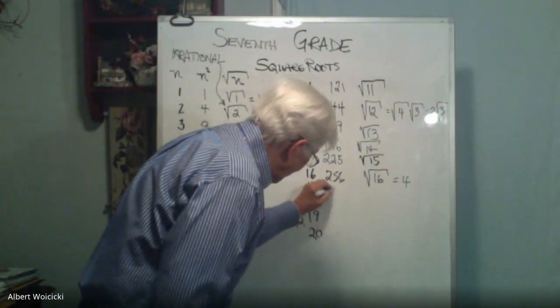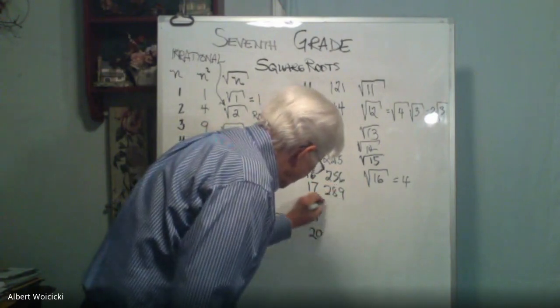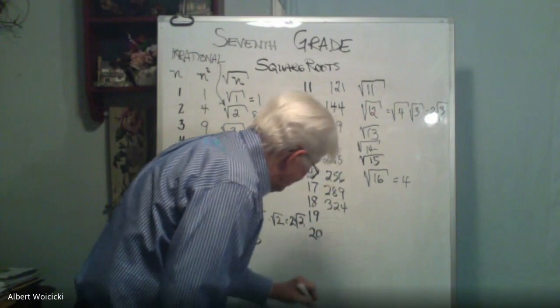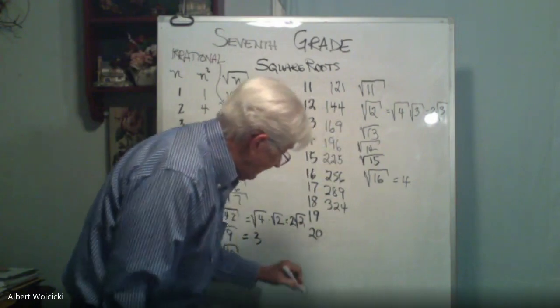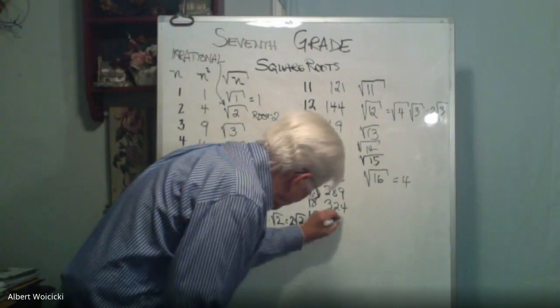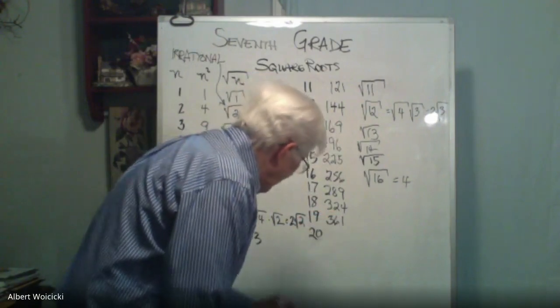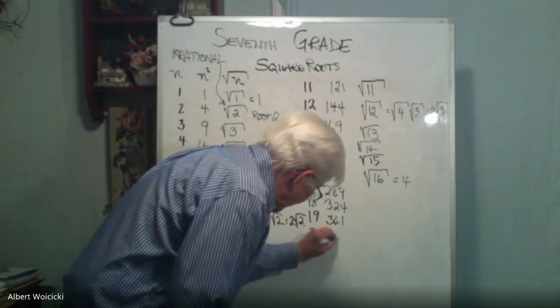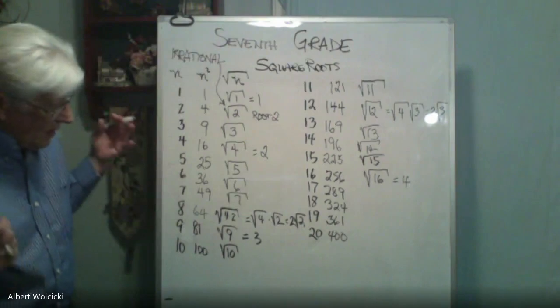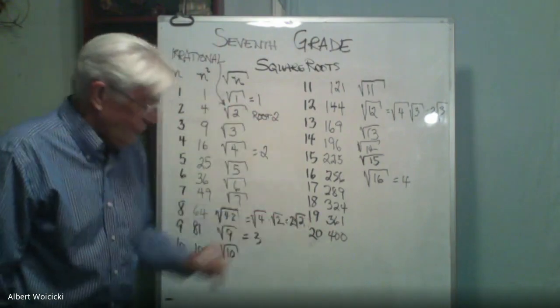17 squared is 289. 18 squared is 324. 19 squared is 361. And 20 squared is 400. So, those are the perfect squares.